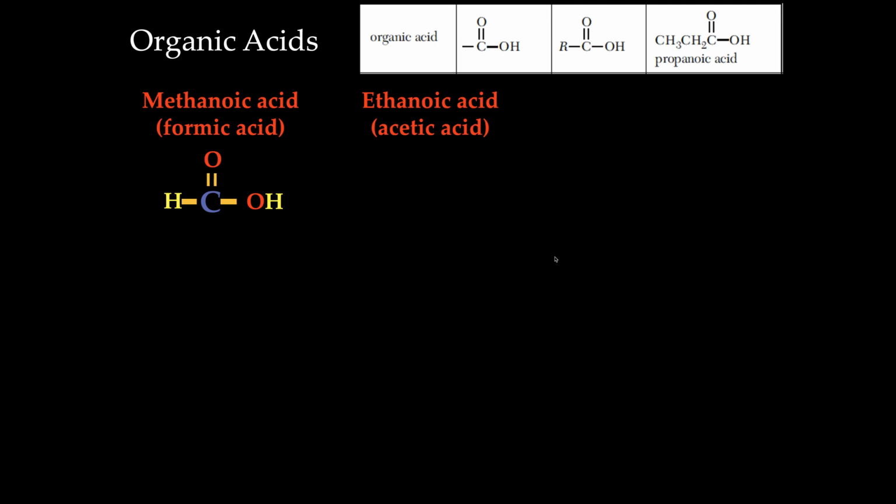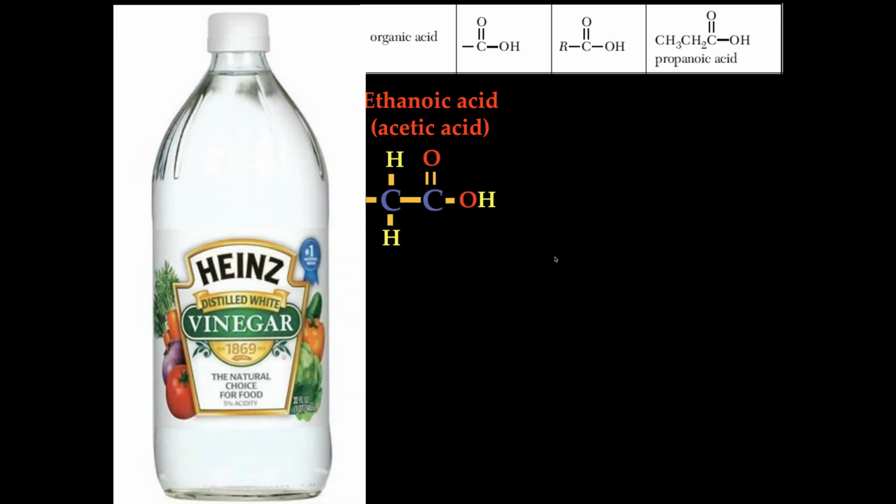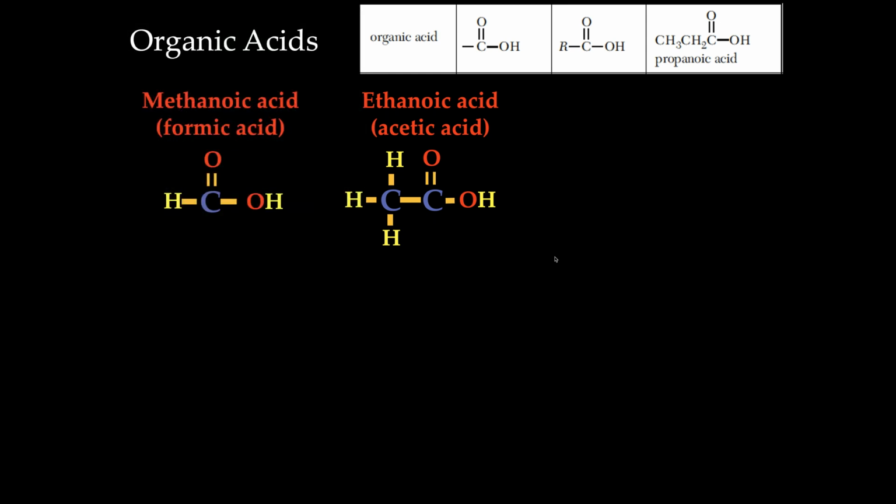Ethanoic acid, or acetic acid, is found in vinegar. White vinegar is typically a 5% solution of acetic acid. You can make acetic acid by oxidizing ethanol, which is why wine that's been left to sit far too long that oxidizes starts to taste like vinegar, because it's turned into vinegar.